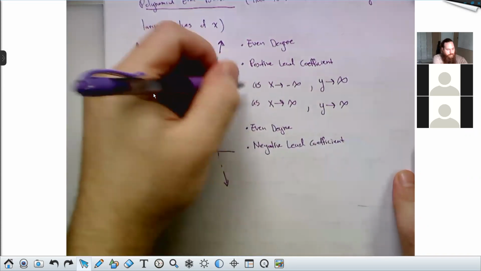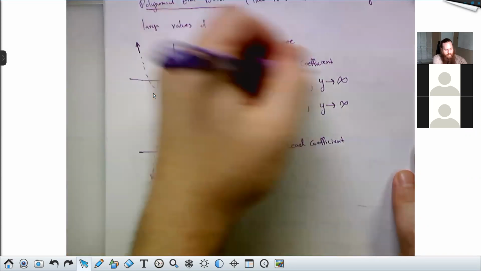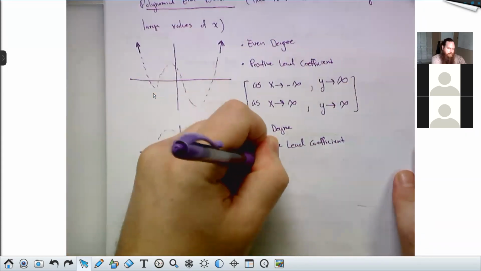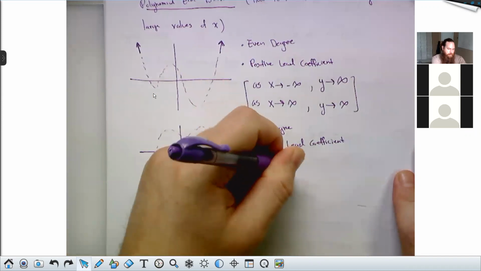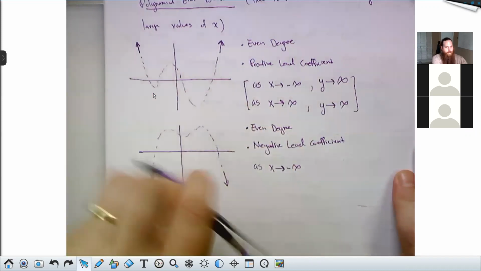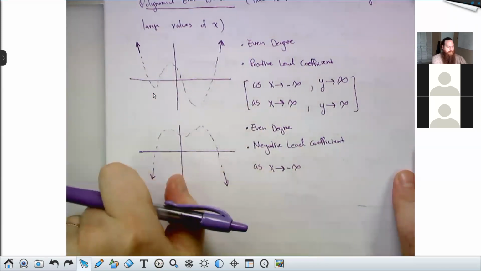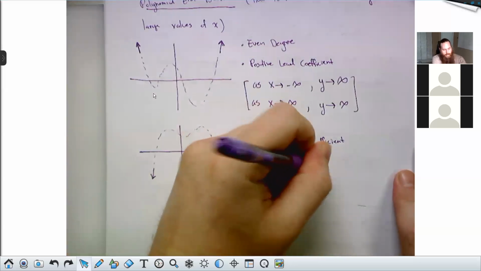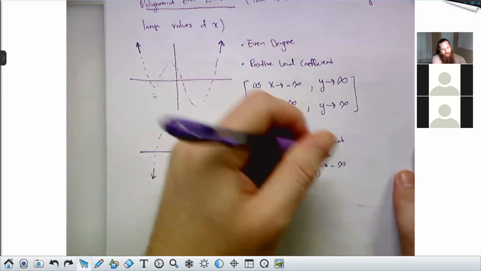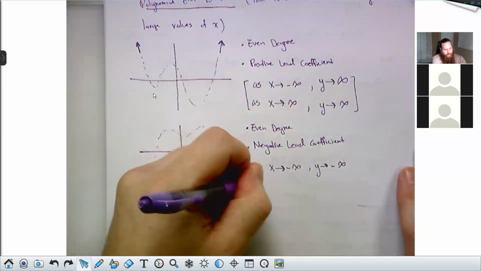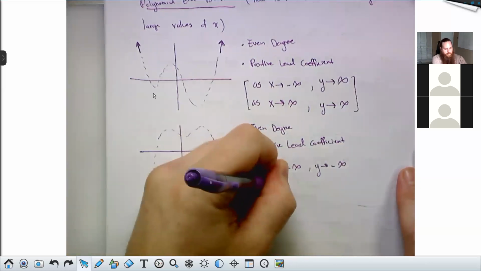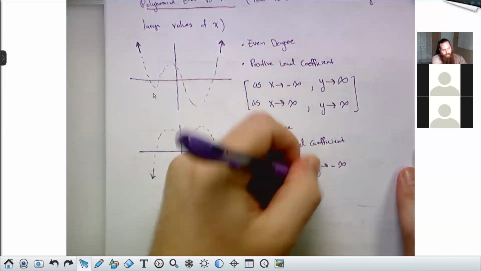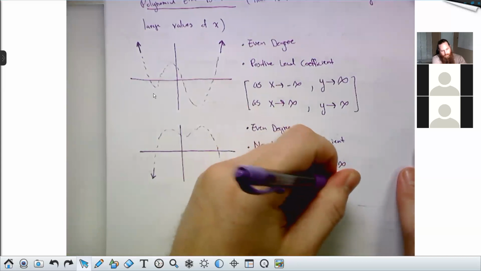And the goes to notation, we say as x goes to negative infinity, or as we wander far off to the left, the y values go down. So we'd say y goes to negative infinity. And as x goes to positive infinity, y goes to negative infinity.